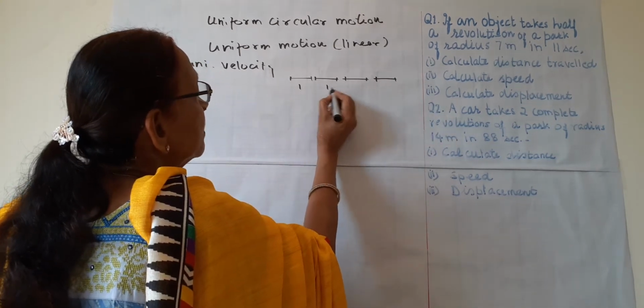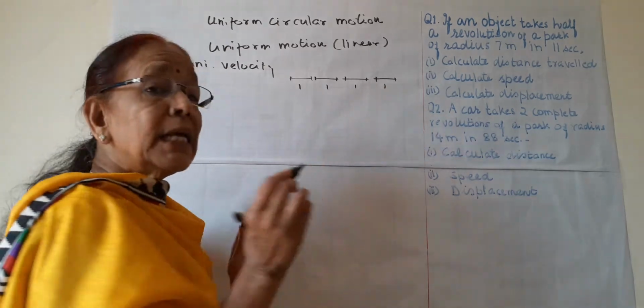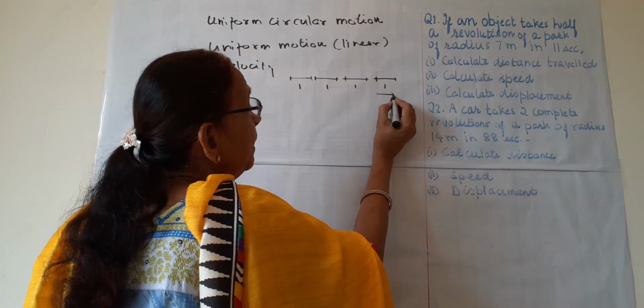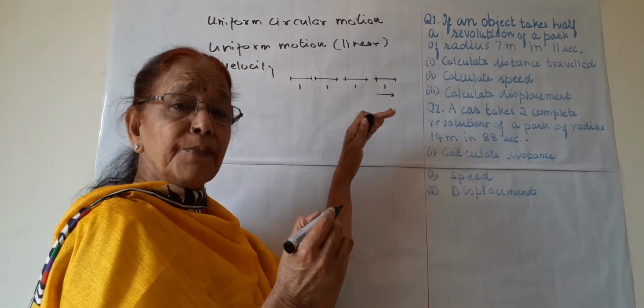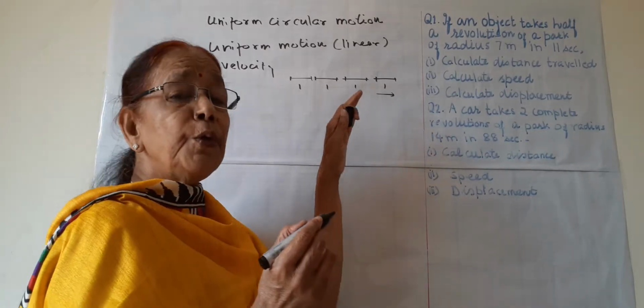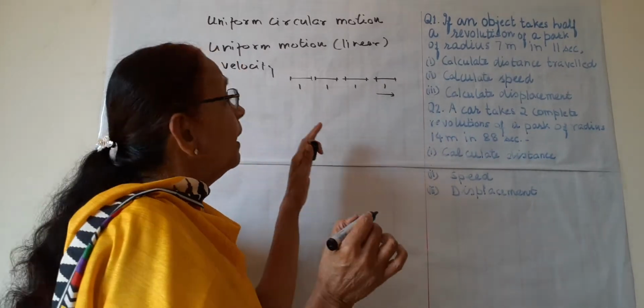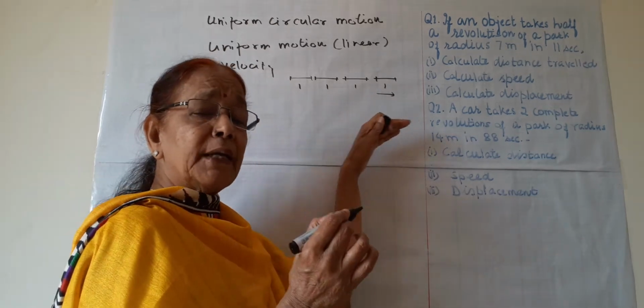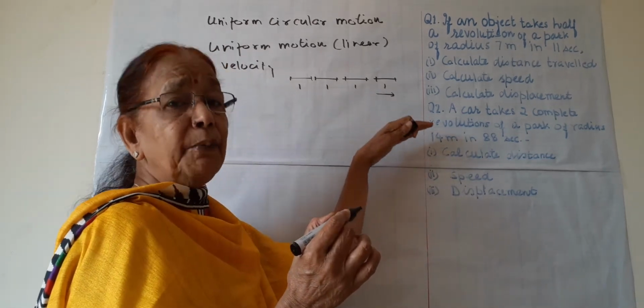Suppose 1 second, 1 second, 1 second. That is, the speed is constant, and this should be in a straight line and in one direction only. There should be no change of direction, and it should be in a straight line and in the same direction.